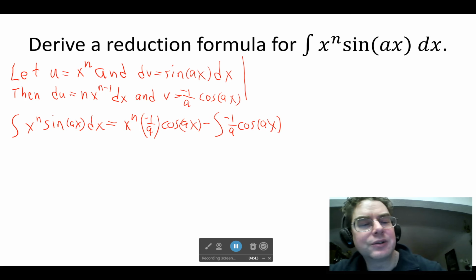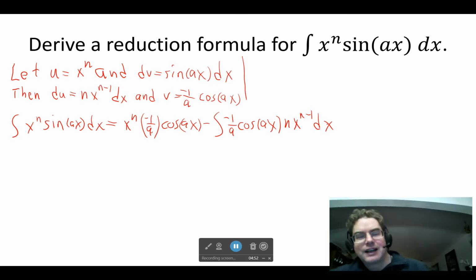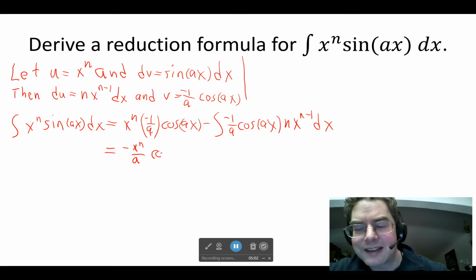And then du is n x to the n minus 1 dx. Okay. Let's clean this up a little bit, see what we got. So we have negative x to the n over a cosine ax.